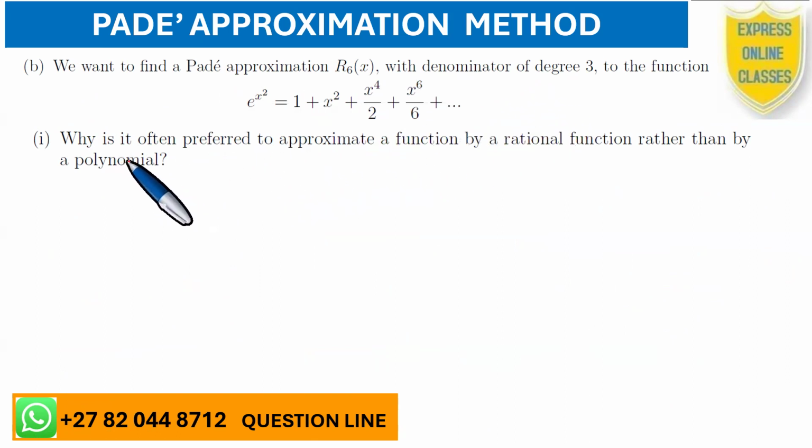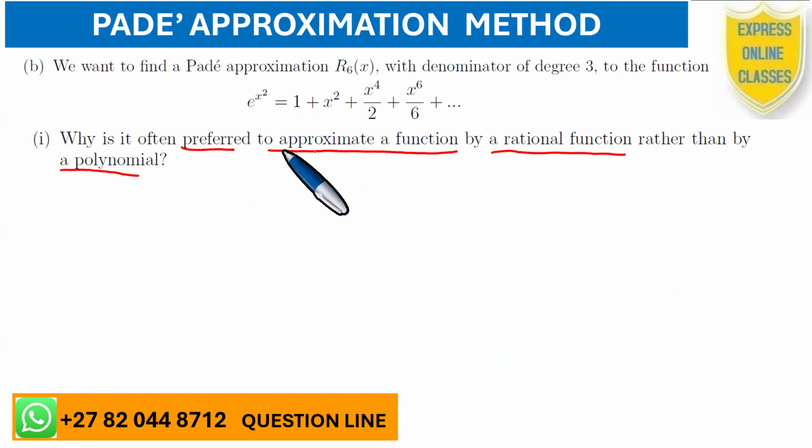Why is it often preferred to approximate a function by a rational function rather than by a polynomial? This is the question. So we want to approximate a function, but we prefer to use a rational function rather than a polynomial.